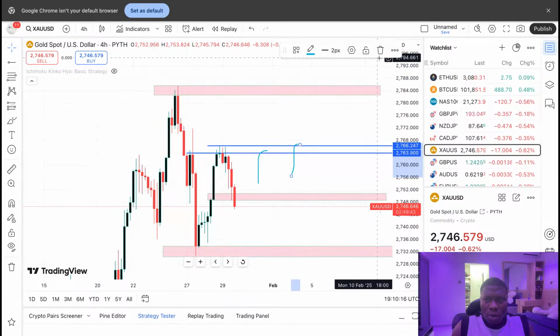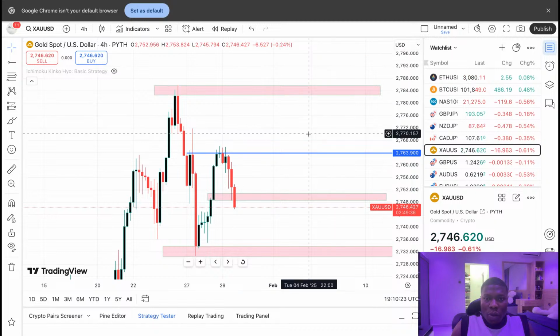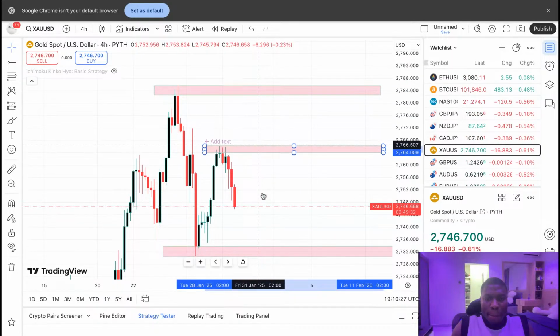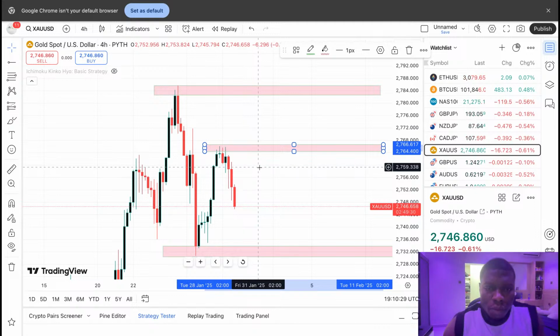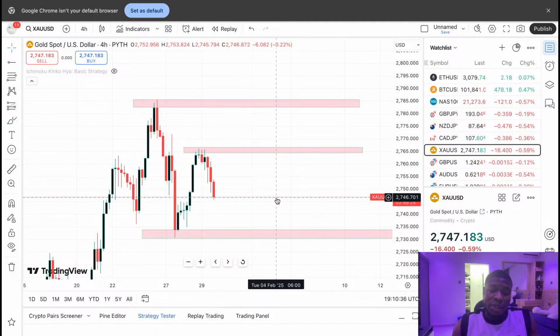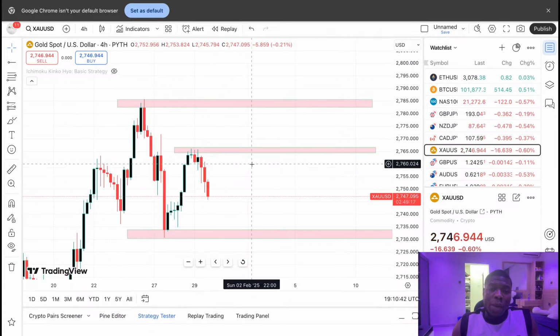So after this, you've learned that we are going to be using this rectangle instead of a single line for our support and resistances. Okay, so again, when a market is moving, I need to be able to explain this before we go into the main support and resistances.